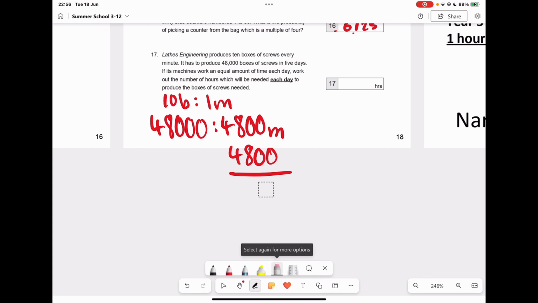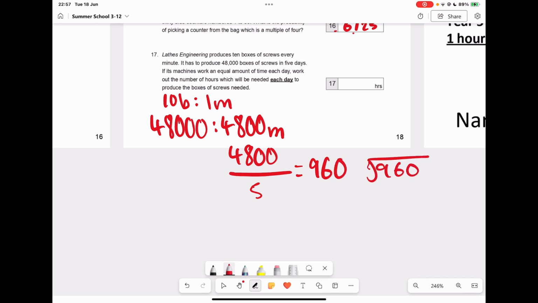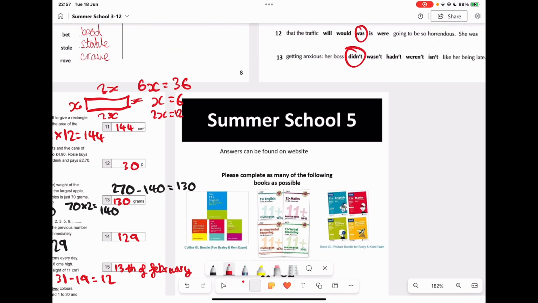So first we divide by 5. 4,800 divided by 5 is 960. And then we do 960 divided by 60, because 960 minutes will need to be worked each day, and that equals 16 hours. And that is the answer to question 17.